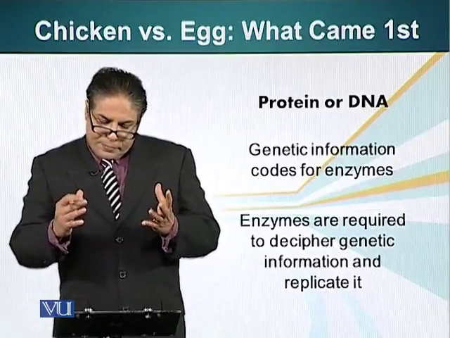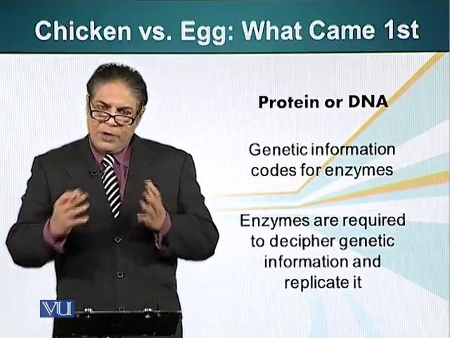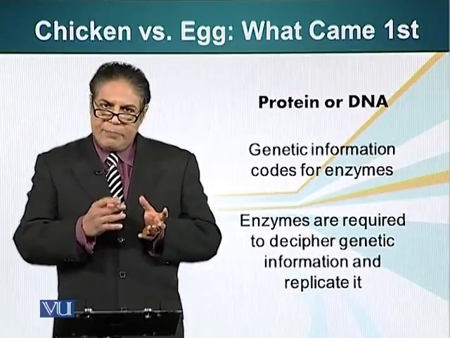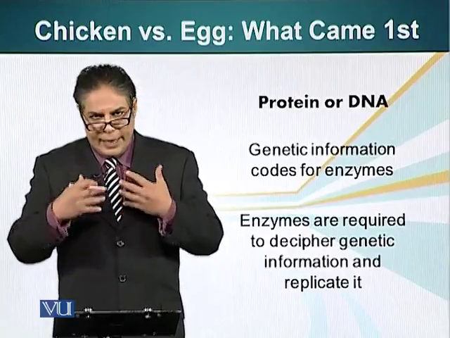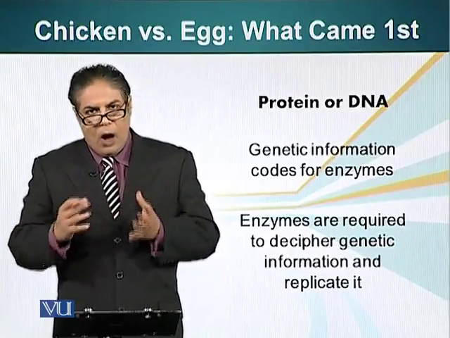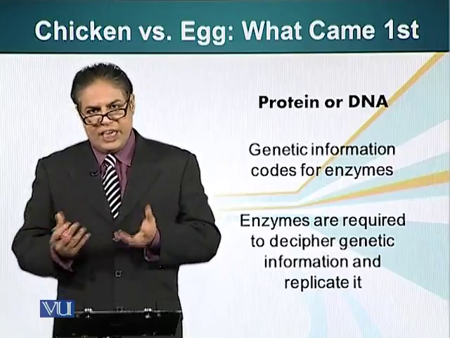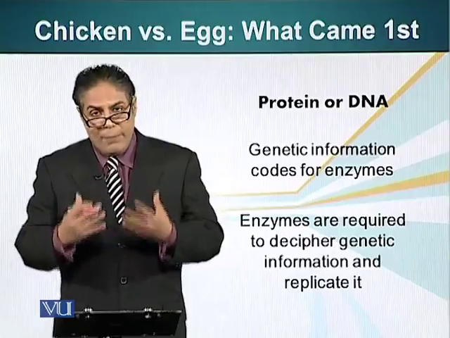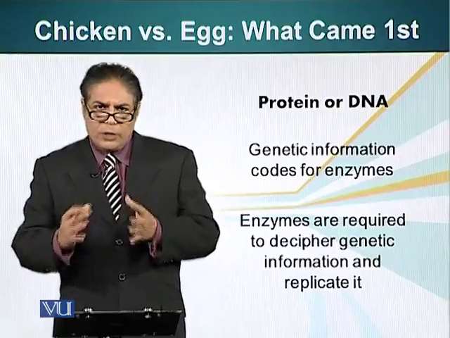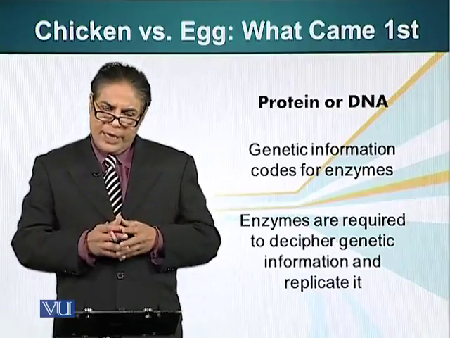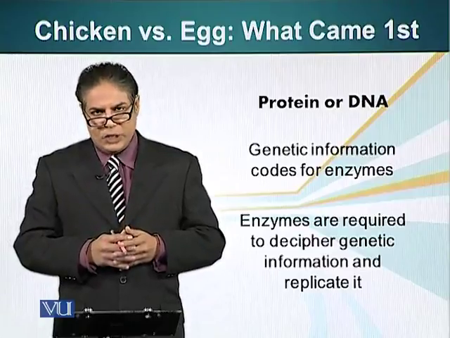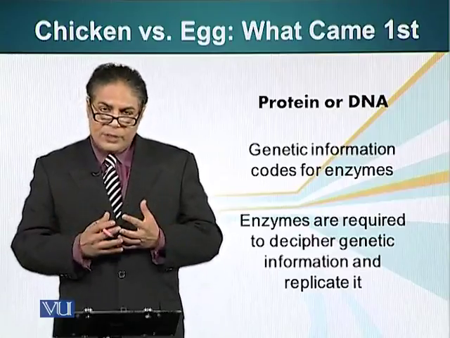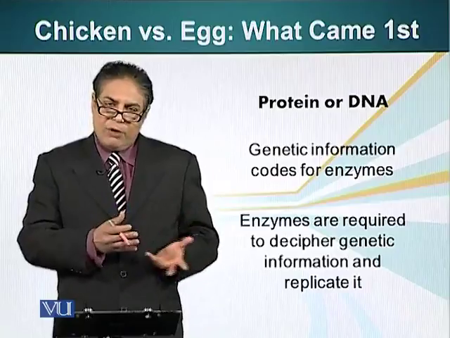So now we have a dilemma. We know that DNA carries the genetic information. However, we cannot use this genetic information without proteins, and DNA cannot replicate without proteins. We'll talk about this process in more detail when we talk about DNA replication. But the dilemma here is what came first in evolution.